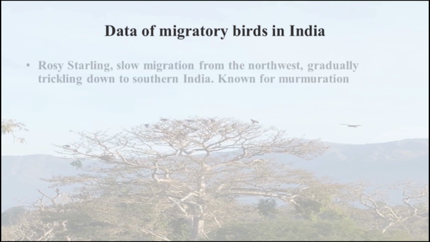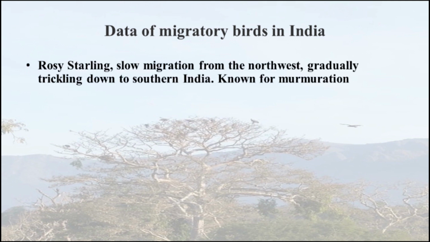Data of migratory birds in India. Back in 2007, a citizen science project called Migrant Watch started asking birders in India to report dates of first and last sightings of migrant birds. One such species of interest was the rosy starling, which winters almost entirely in the Indian subcontinent.